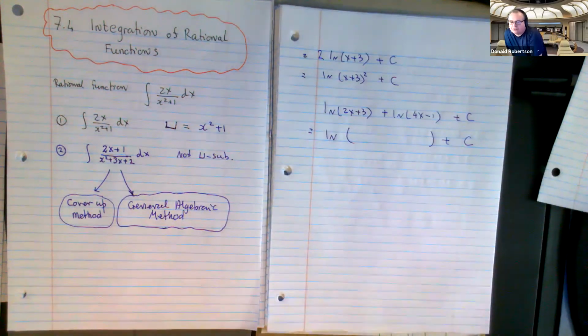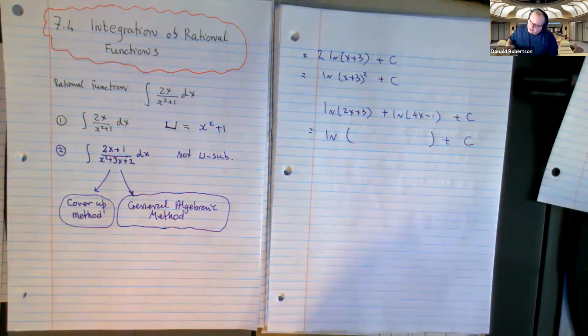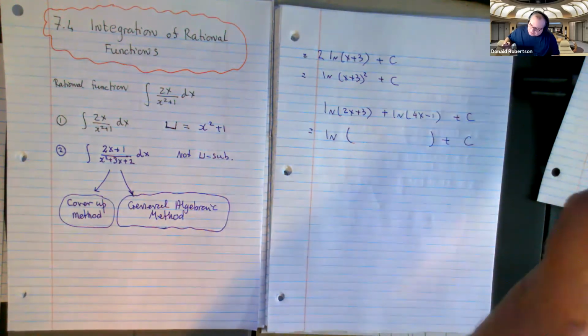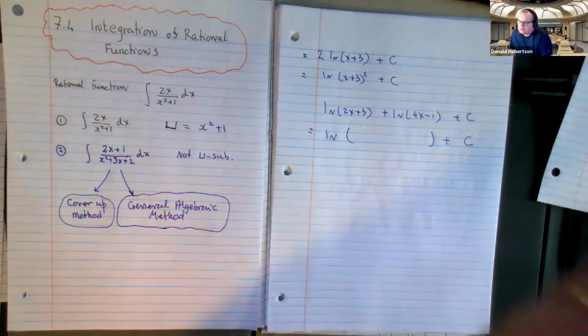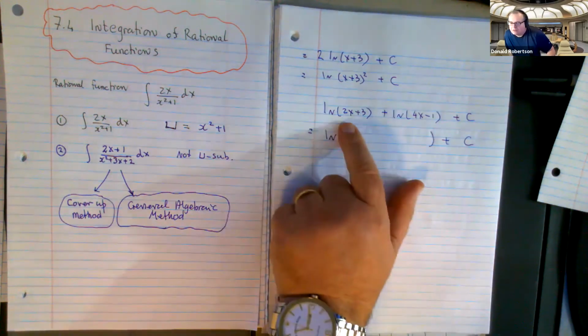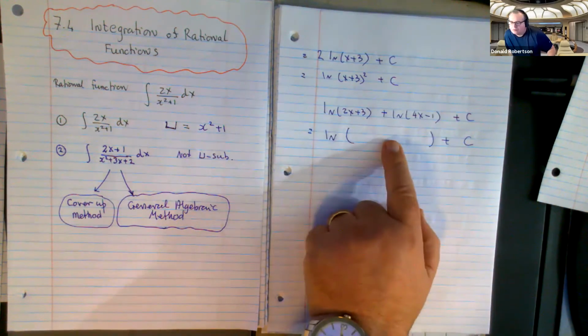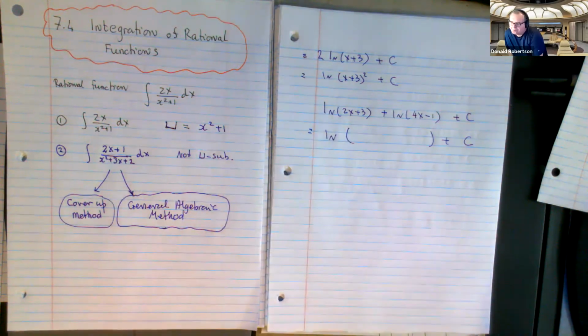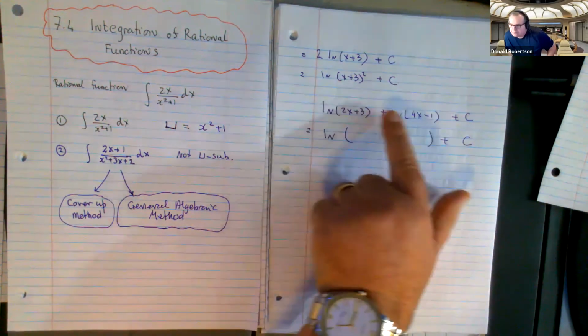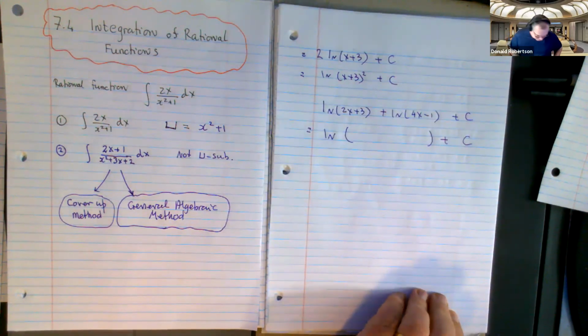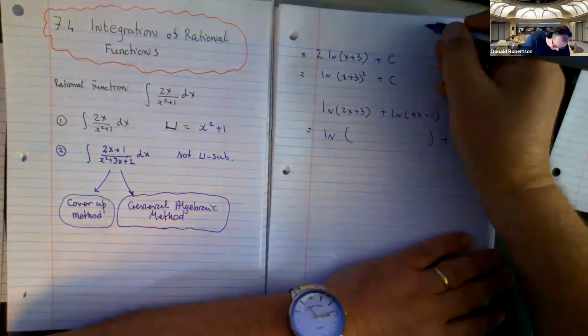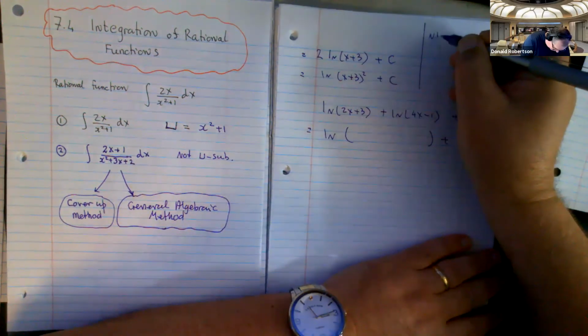So style points involve us taking the expression and trying to make it in some sense simpler. So I've got a log here and I've got a log here. What do you get if you add 2 logs? You get a single log made up of what? The contents multiplied. Agreed.